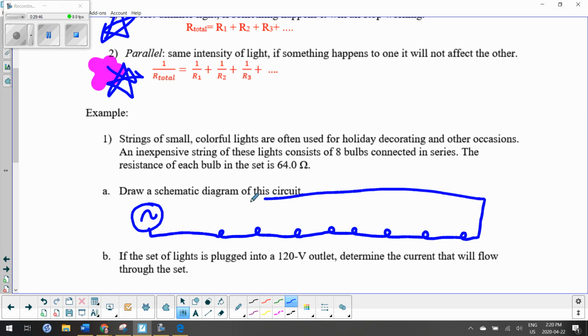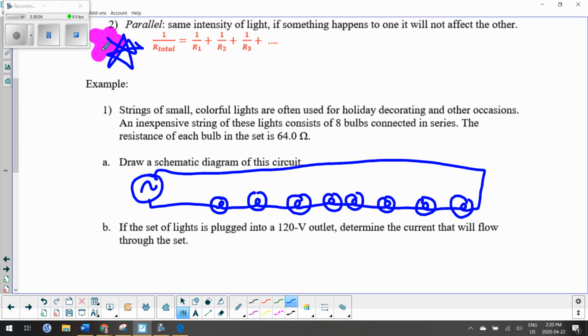And then it just comes back. Could I do 4 on this side and 4 on this side? Yes, I'm just not that talented. Create a circle around all of them to show that they're light bulbs, and there we go.